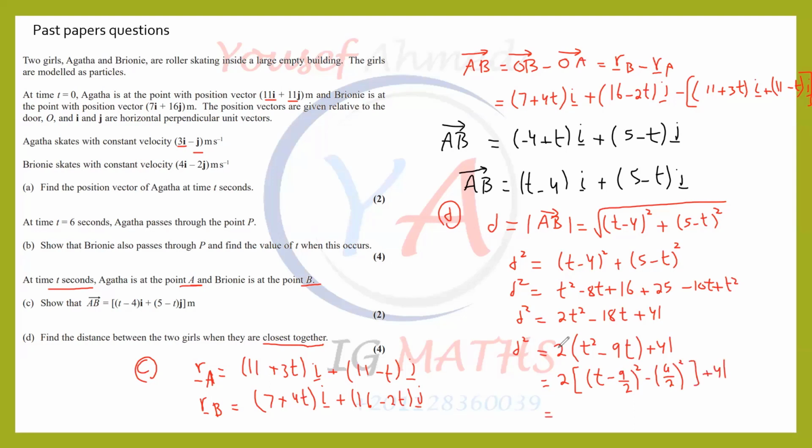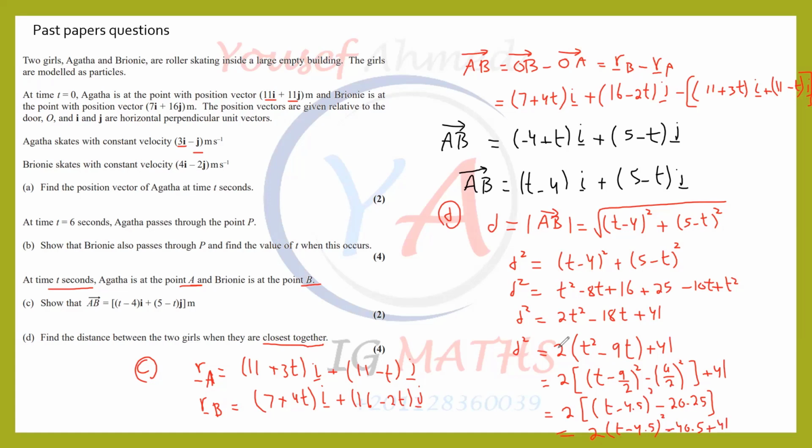So it will be here 2 multiplied by t minus 4.5 all squared minus 20.25, and then you multiply by 2. It would be 2 multiplied by t minus 4.5 all squared minus 40.5 added to 41.